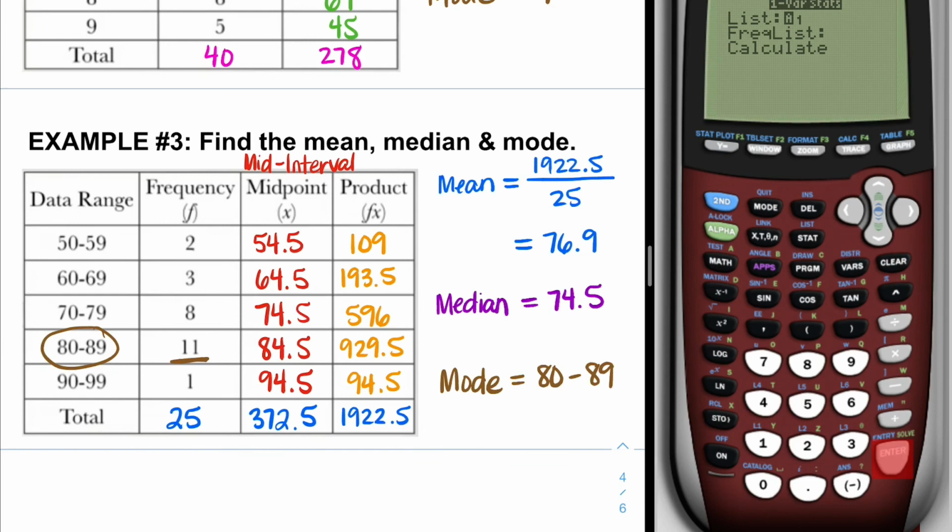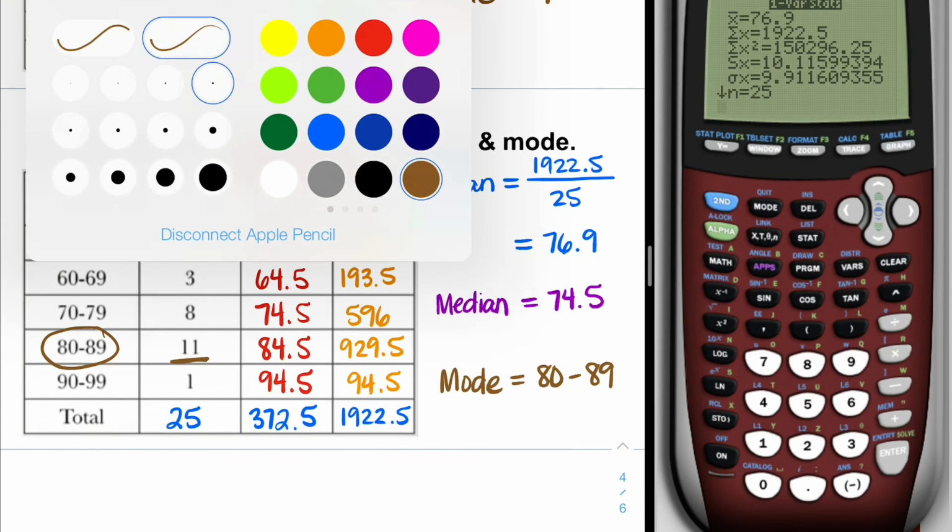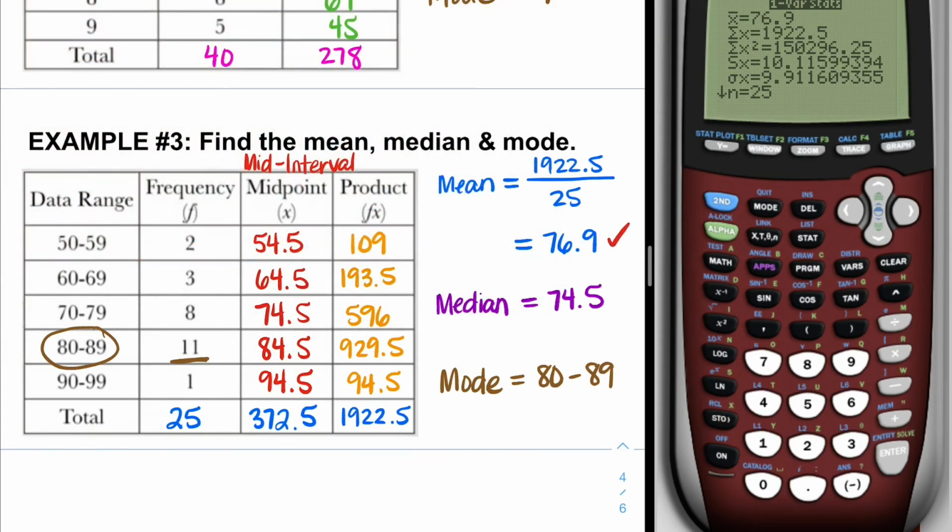Then I press stat, go over to calc, press number 1. My list 1 is my mid values, and I put my frequencies in L2. Press calculate, and I end up getting, yes, my mean is 76.9. My median is 74.5, and I already know just by looking at my mode that yes, 80 to 89 is the biggest section.